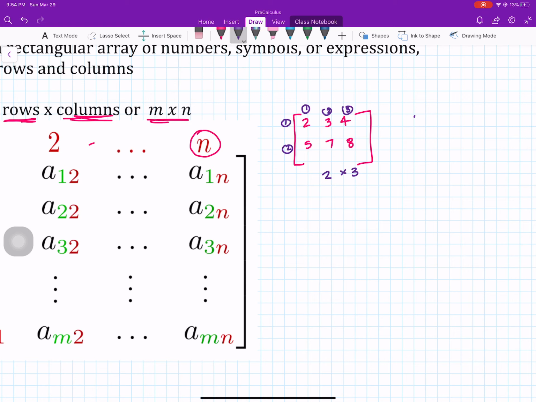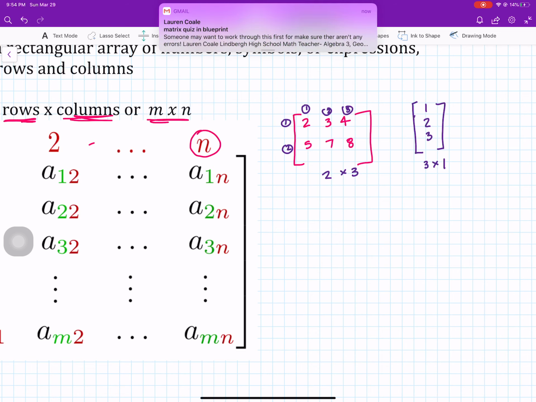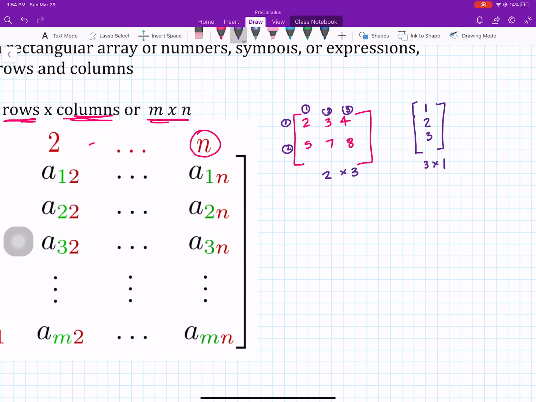Or you can have a matrix that's simply like 1, 2, 3 in a column. This would be a 3 row by 1 column matrix. We sometimes call this a column matrix because it's just a column.